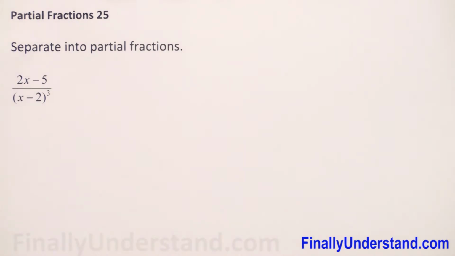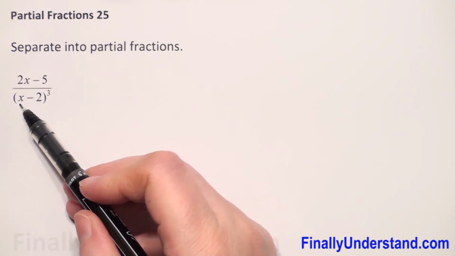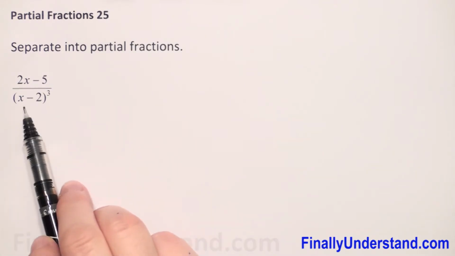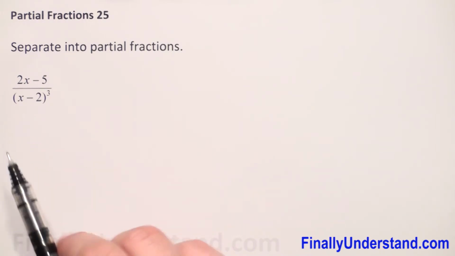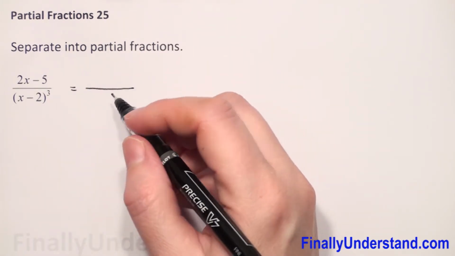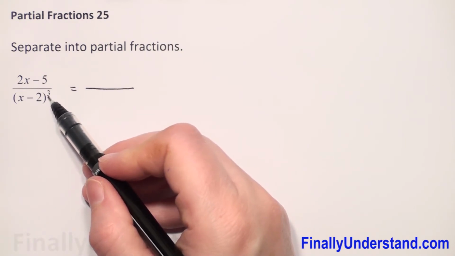Next we have to check if we have factorized our denominator. In this example we have already done this, we have x minus 2 to the third power, so we have in the denominator a repeated linear factor. When we have a repeated linear factor in the denominator, it means we have to repeat this denominator the same number of times as the power of our factor.